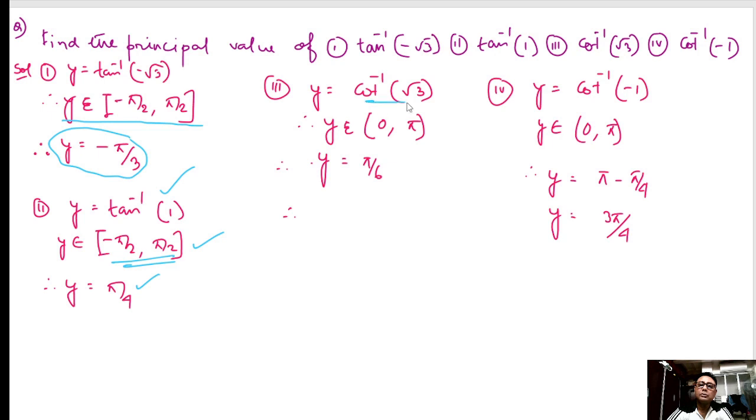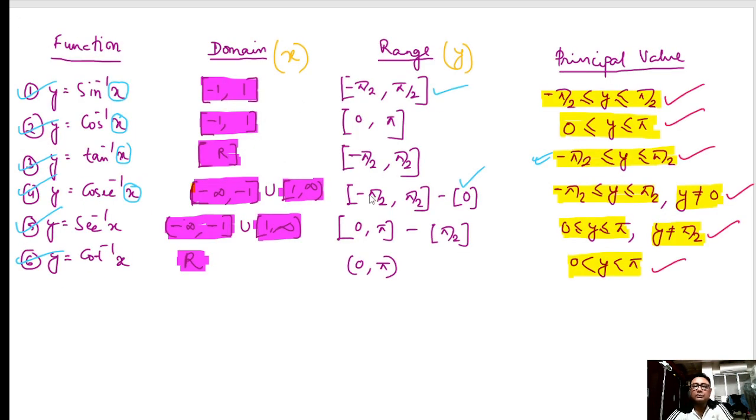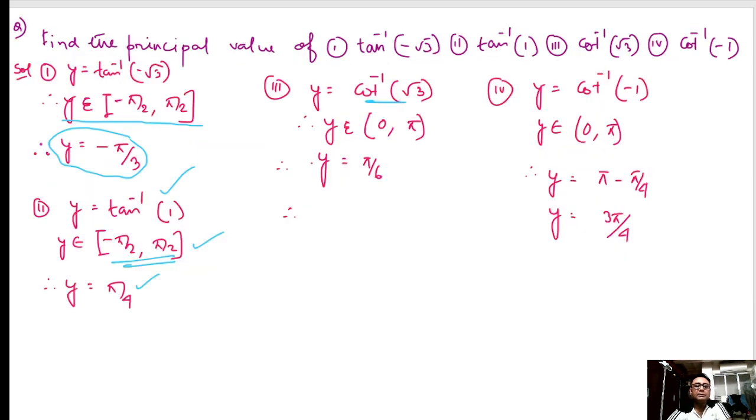Cot inverse root 3 is actually pi by 6, and for cot, as you can see, it has to lie between 0 to pi. So pi by 6 is correct.